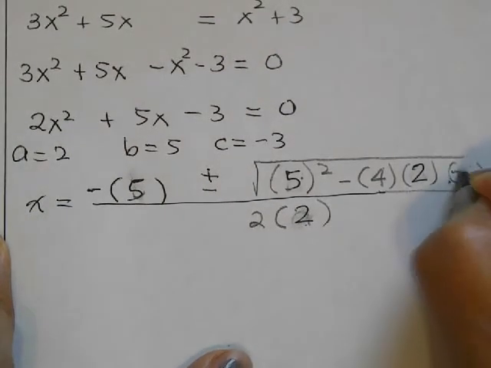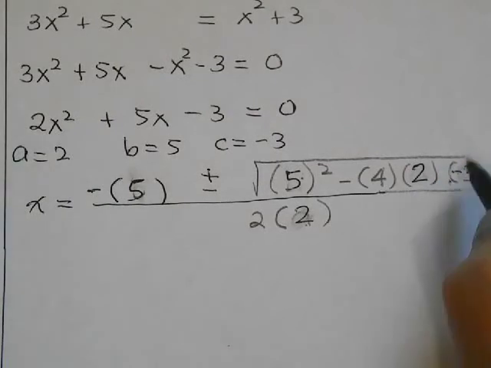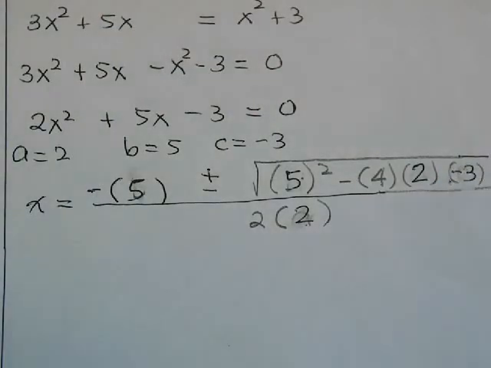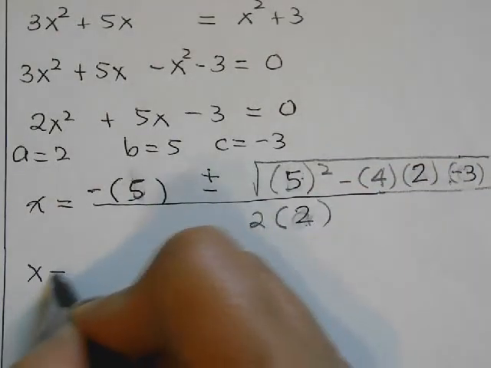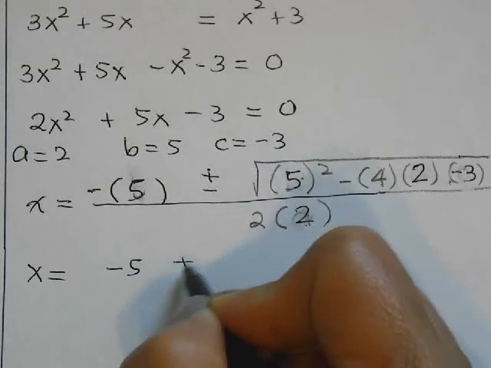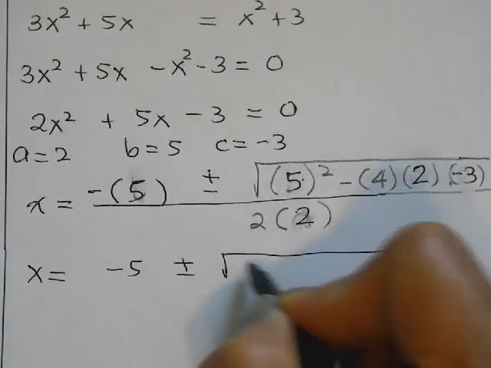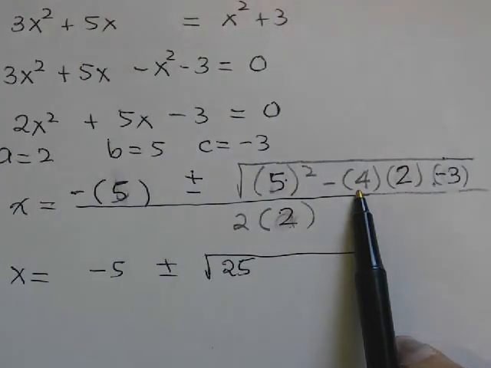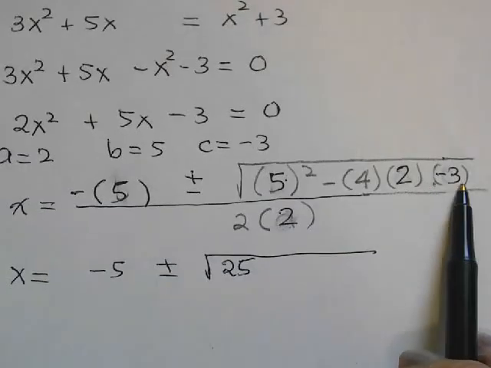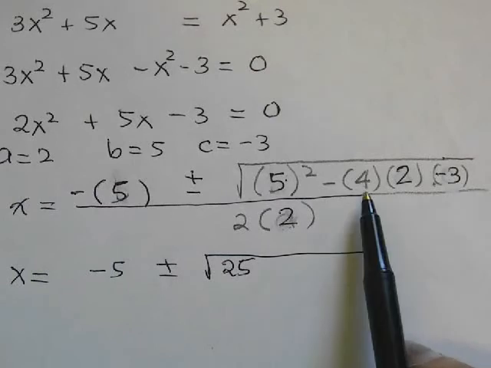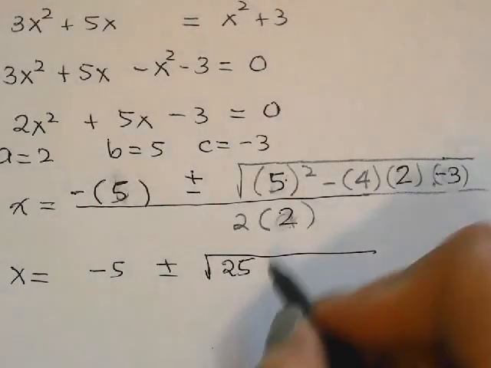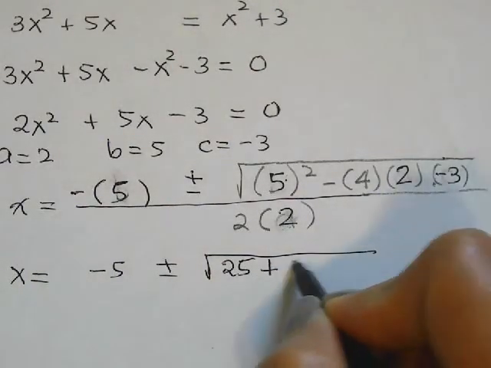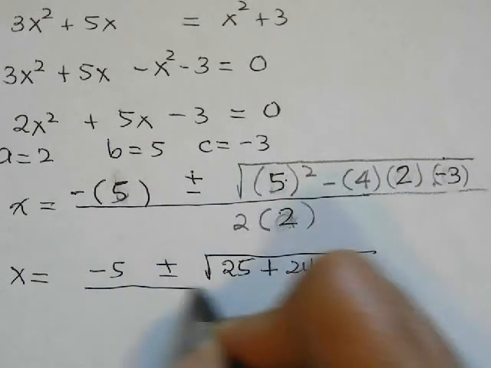Okay, then we just calculate. So negative 5 plus and minus square root of 5 squared is 25. Multiply these three numbers, negative 4, 2, and negative 3. So that will give you positive 24 all over 4.